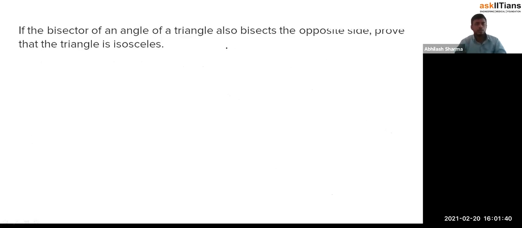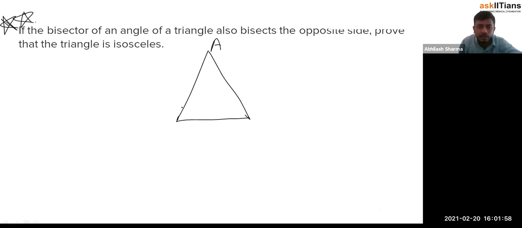Now let us see one more question here. If the bisector of an angle of a triangle also bisects the opposite side, prove that the triangle is isosceles. This is a very good question. Extremely good question. The question is telling us that there is a triangle, let us say ABC, and it is saying that, let's say this angle is being bisected.